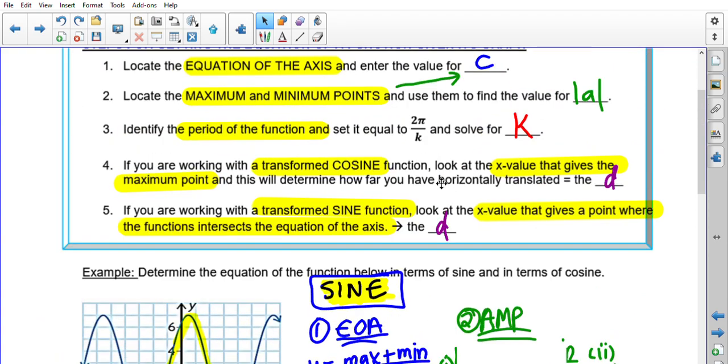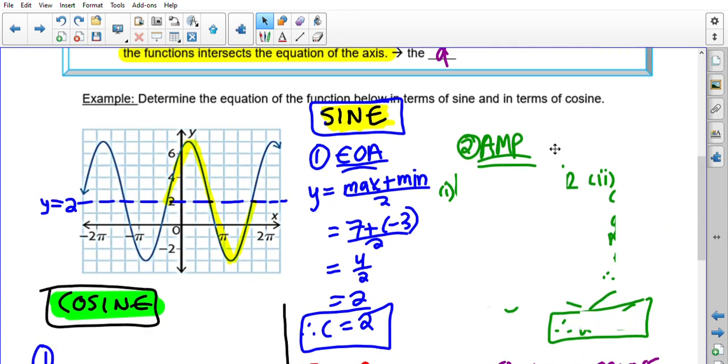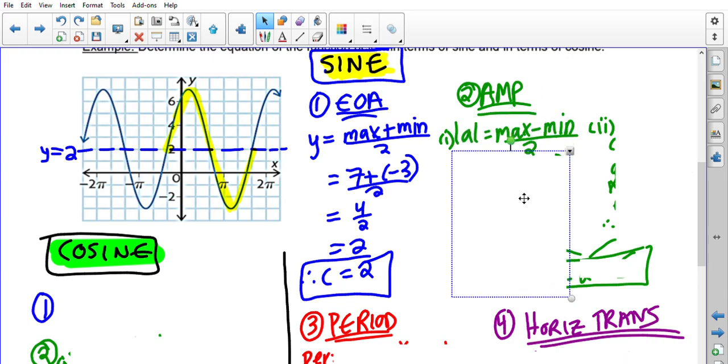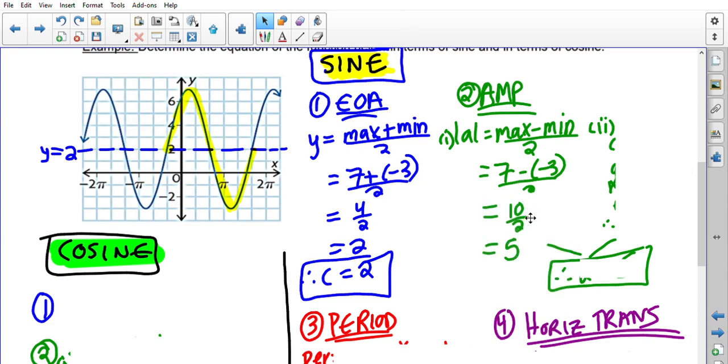Now we want to find our amplitude. So you're going to locate the max and min points and use them to find the amplitude. So we know amplitude is equal to max minus min divided by 2. Okay, so that's 7 minus negative 3 divided by 2. 2 negatives make a positive, so we get 10 divided by 2. So we get an amplitude of 5. Now remember, we only know that that's the absolute value.